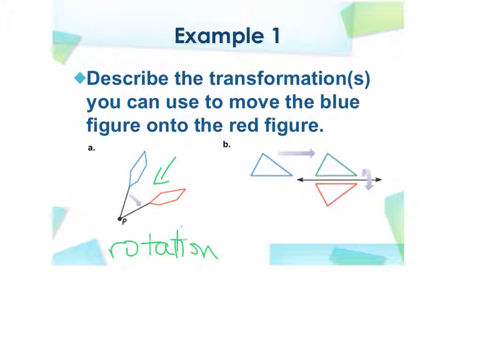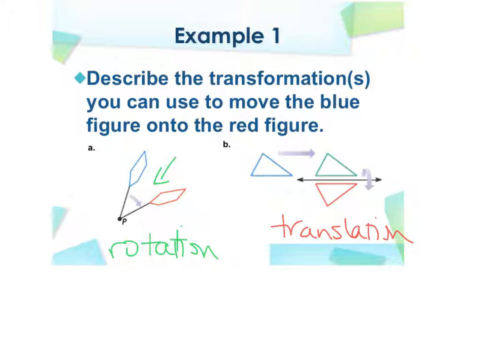Now, in part B, there are actually two transformations going on. What happened from the blue triangle to the green triangle? What kind of transformation? A translation. That was slid over to the right. So that was a translation first.